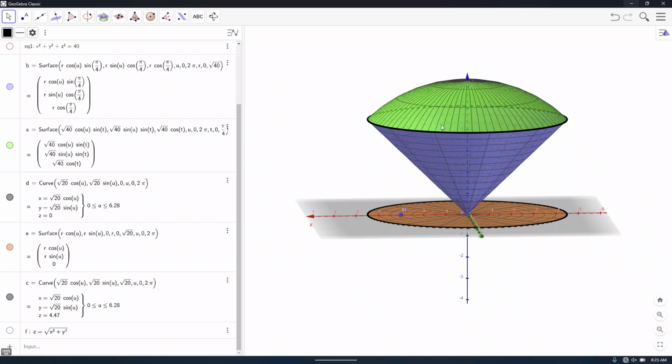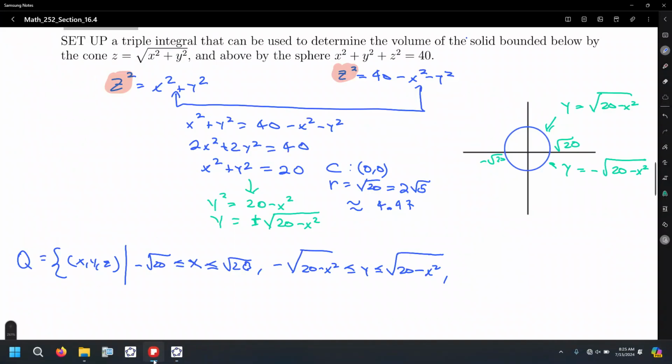Okay, so that means z will vary between the cone and, above, the sphere, for which I will use the solved version. Careful: here z equals plus or minus the square root of 40 minus x squared minus y squared.